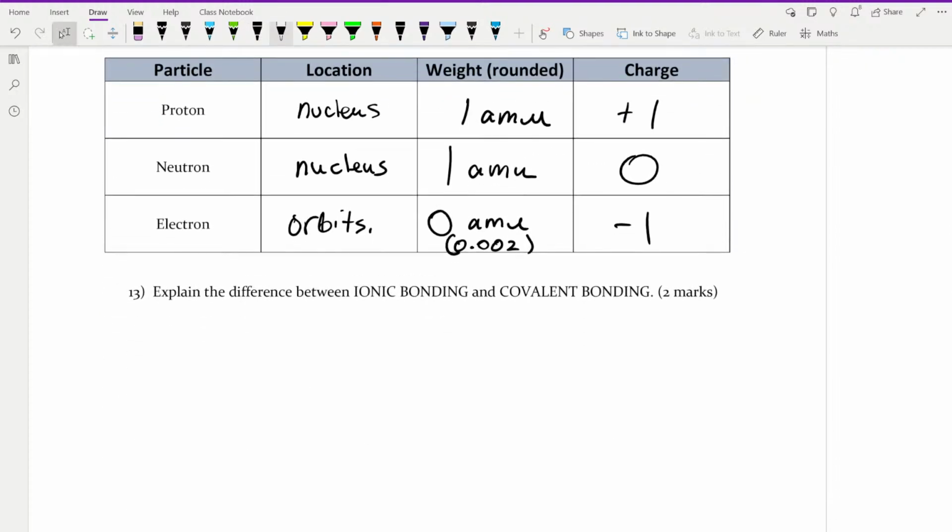Ionic bonding and covalent. Ionic, bunch of stuff we could say. We could say a metal and a non-metal. We could say give and take electrons.